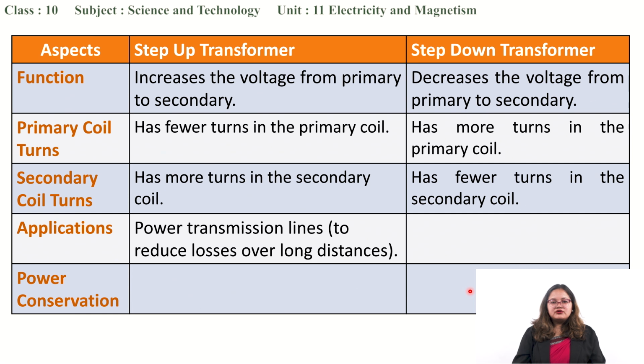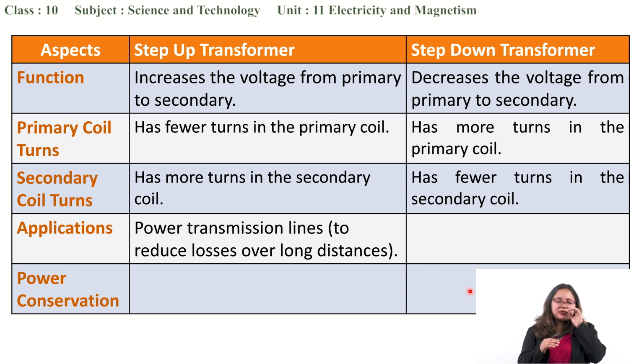When we were talking about power, relating it to current and voltage, we said that power is the product of current and voltage, right? So if the voltage is increasing, the current must decrease, because transformer helps to maintain the power and frequency as well. So we cannot alter the power or frequency, but we have to maintain it by altering voltage. So if the voltage is increased, the current is decreased.